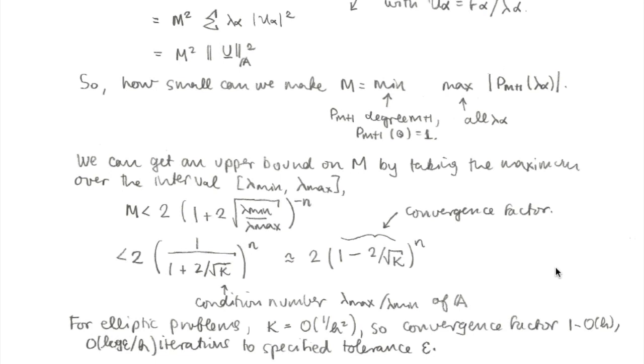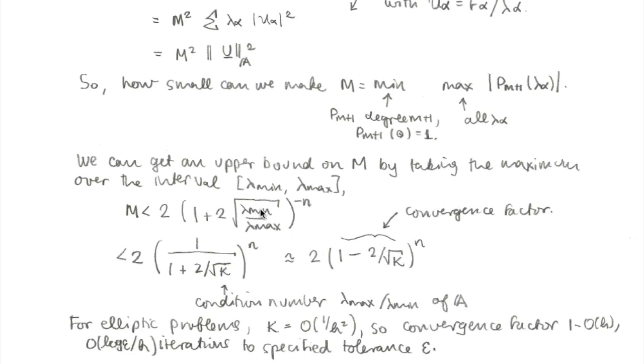Now there's some further discussion in the typewritten notes, but let me just say already that this result may not be optimal for all matrices A. The easy way to think about that is, let's suppose that there's only 2 eigenvalues.